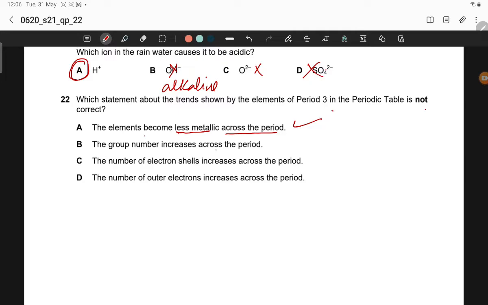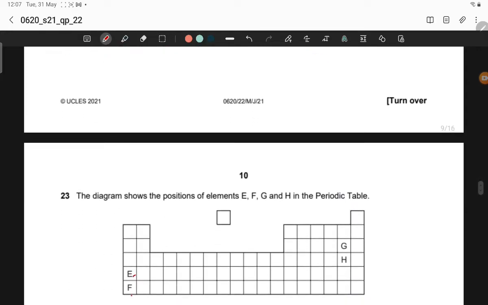The group number increases across the period, yes, this is correct. The number of electron shells increases across the period, this is not correct. The number of outer electrons increases across the period, this is also correct. So C option is the correct option.